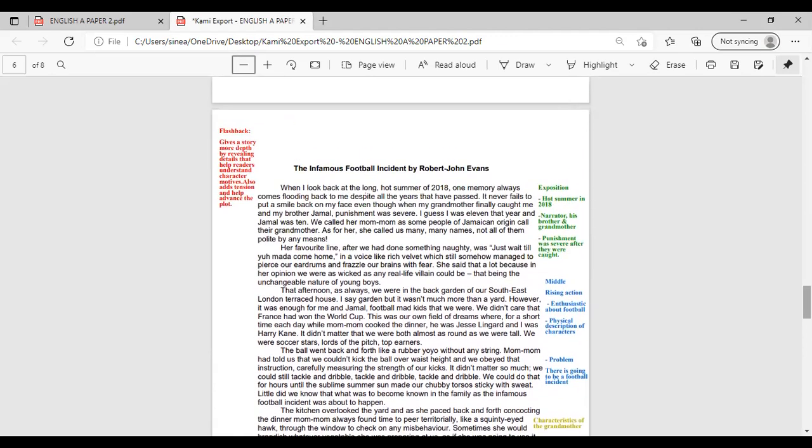So I want you to be able to understand the characterization in this story. The characterization was placed more on the grandmother, and it looked at her origin as a Jamaican woman. And we know how Caribbean people discipline their children, but they are Jamaican.